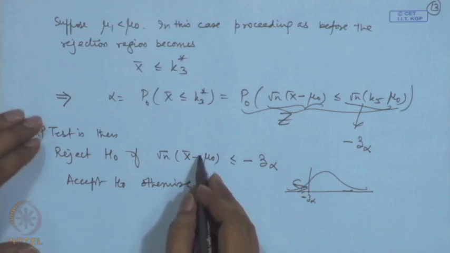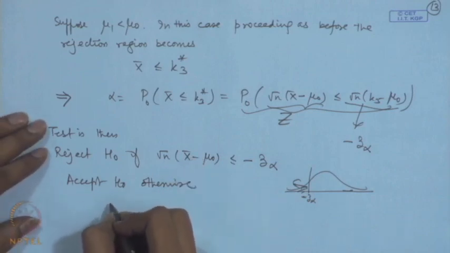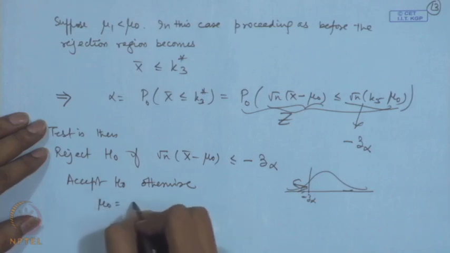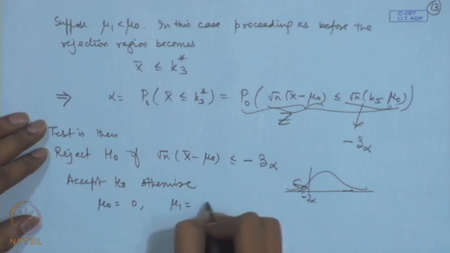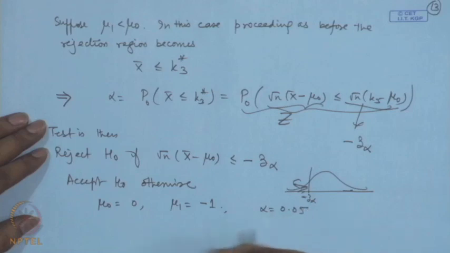For example, here if I take say mu naught is equal to 0, mu 1 is equal to say minus 1 and let us take alpha is equal to once again 0.05.